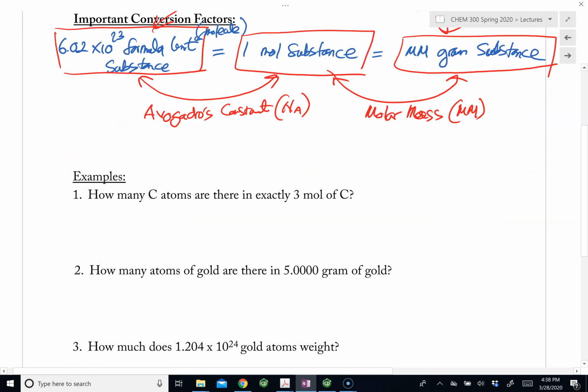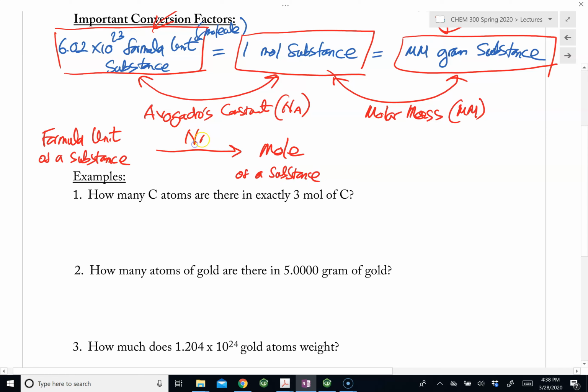So in summary, we can do the following. If we were to start out with formula unit of a substance, we should be able to convert this into mole of that substance by using the Avogadro constant.